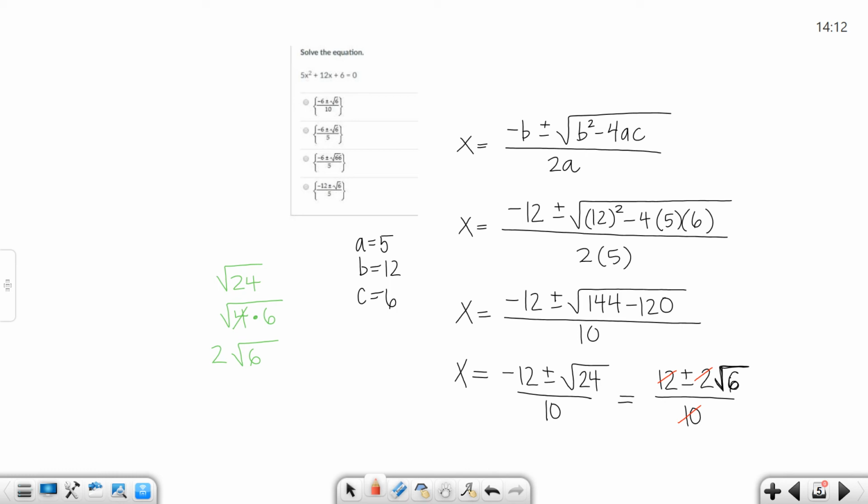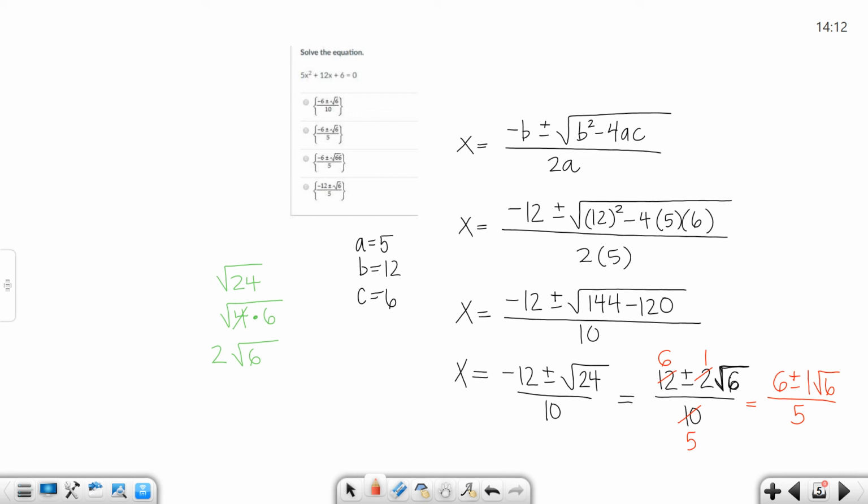So divide all of those pieces by 2. 12 divided by 2 is 6. 2 divided by 2 is 1. 10 divided by 2 is 5. So that would give you 6 plus or minus 1 square root of 6 all over 5.